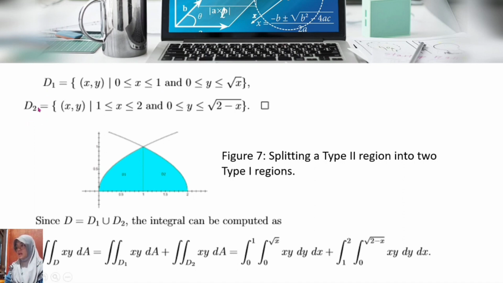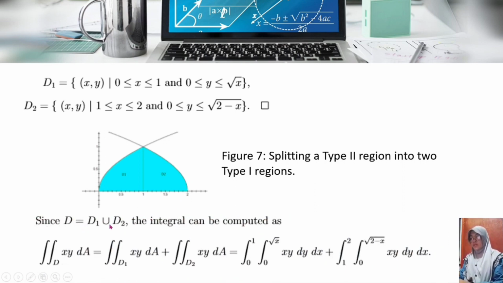And D sub 2 is equal to the set of x and y, where x is greater than or equal to 1 but less than or equal to 2, and y is greater than or equal to 0 but less than or equal to the square root of 2 minus x. So this is splitting a type 2 region into two type 1 regions. This part here is the type 1 region, and this is the type 2 region here.